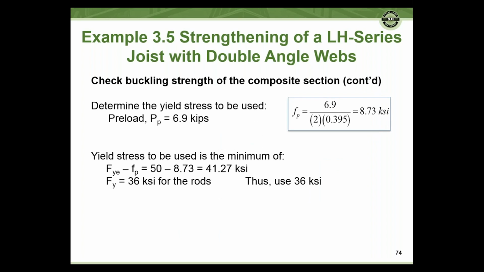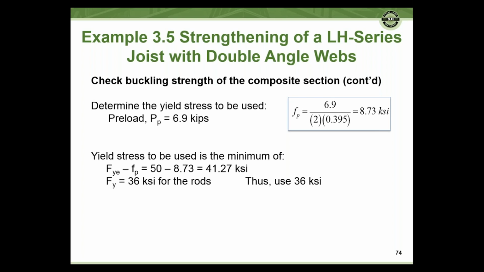So let's determine the yield stress in the member right now. The stress in our current angles is simply that 6.9 kips divided by the area of those angles, and it's 8.73 ksi. Those members were designed with 50 ksi steel. We did some checking and found out from our joist manufacturer that they did use 50 ksi steel for those angles.